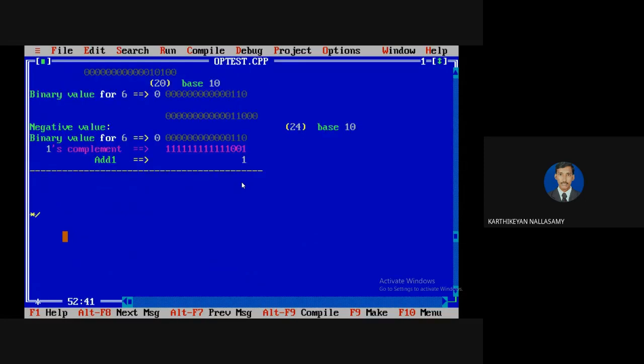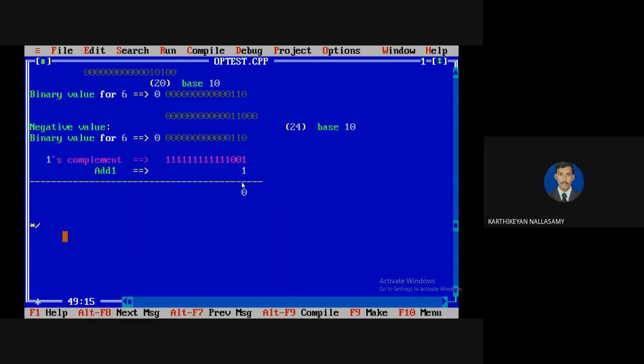If you are adding like this, 1 plus 1 is 0, and the carry will be forwarded here. So here the answer is 1.